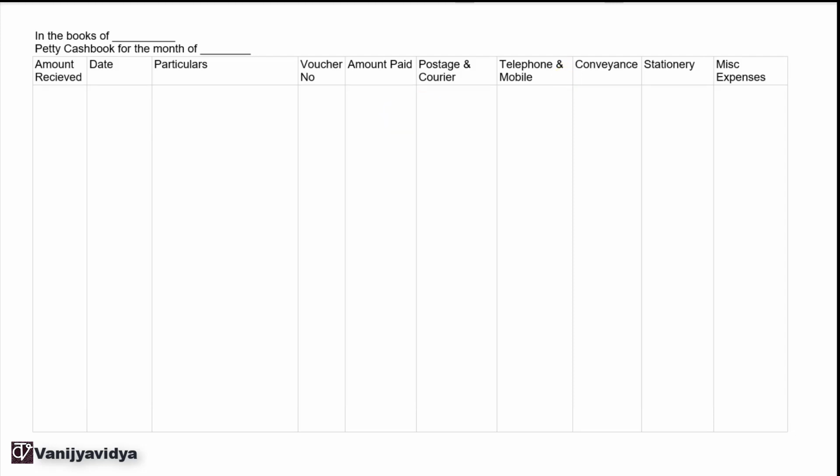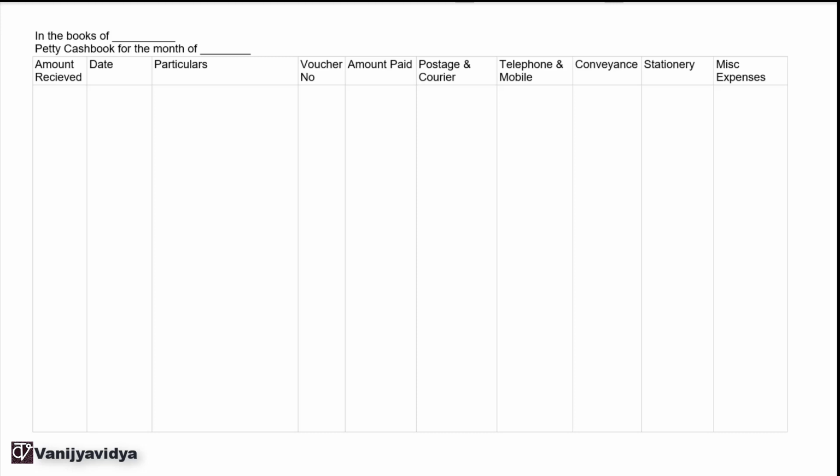Say for example, in this case, we are preparing a petty cash book for the month of so and so. So it is a policy of the company to record all the transactions in the petty cash book, and a journal entry is passed for the monthly total of each and every account.